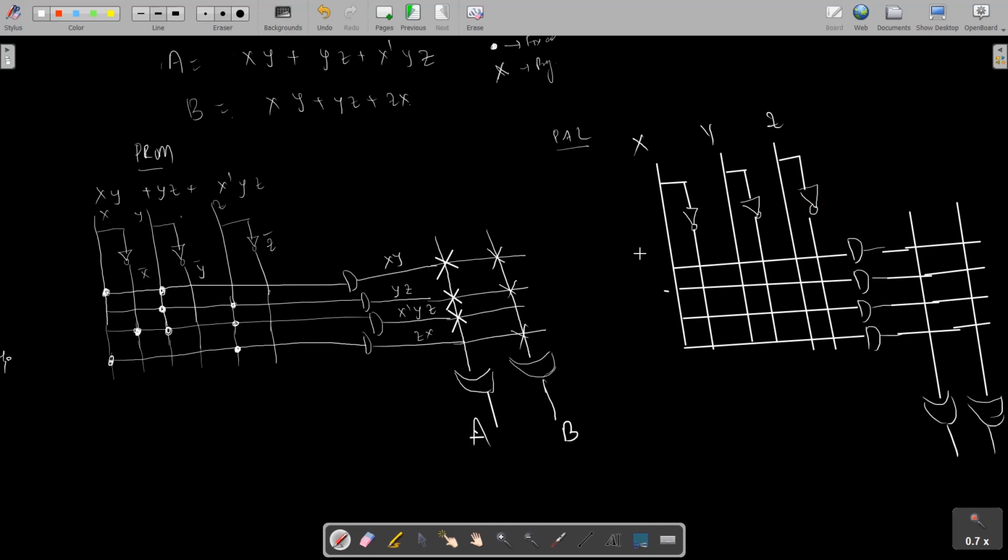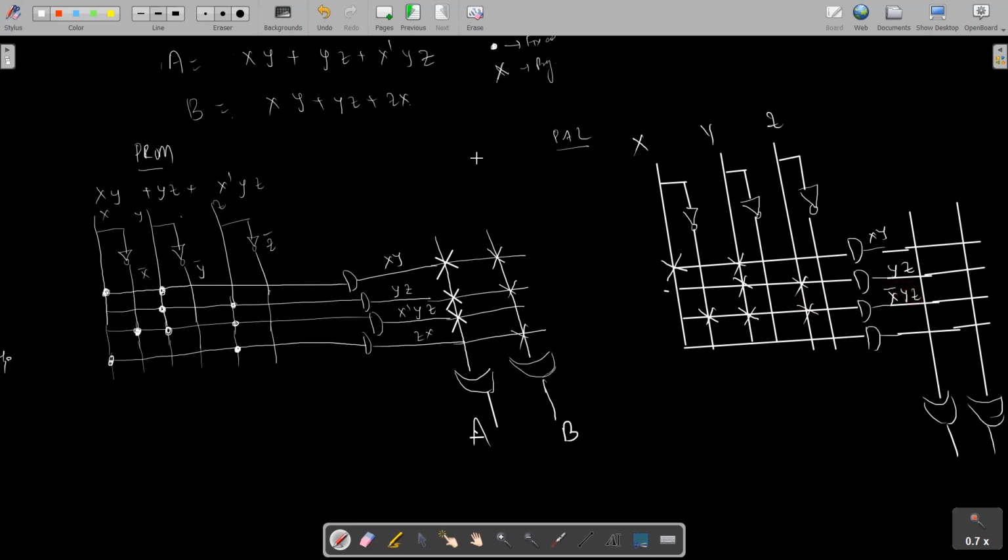Now as A is xy, and it is programmable, x needs to be crossed along with y. So this line is nothing but xy. Next is yz, so y and z, so this is yz. Then x bar yz, with x bar, y, and z.